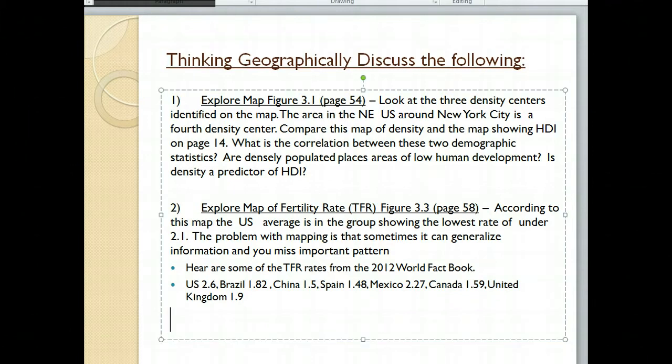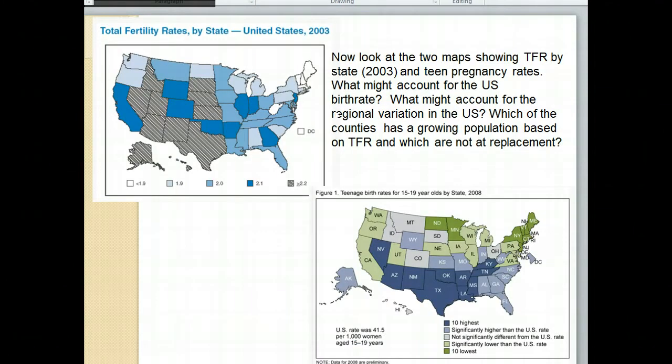The second concept is to look at the fertility rate, and then look at these rates from the World Factbook, and then be able to talk about our countries. Are they at capacity, or are they at replacement, or are they under replacement? And then I have two maps, one showing the total fertility rate by state in 2003, and then teen pregnancy rates or teen birth rates.